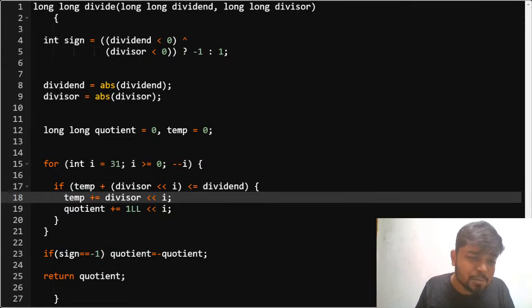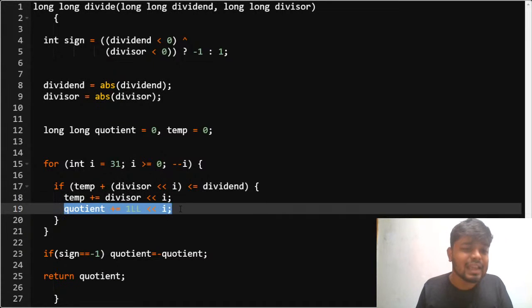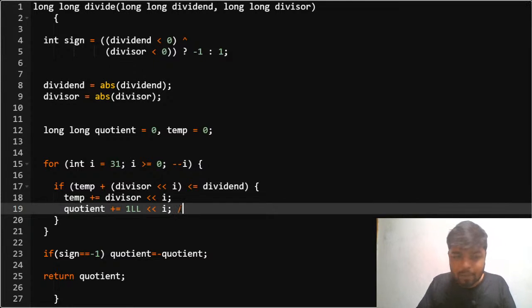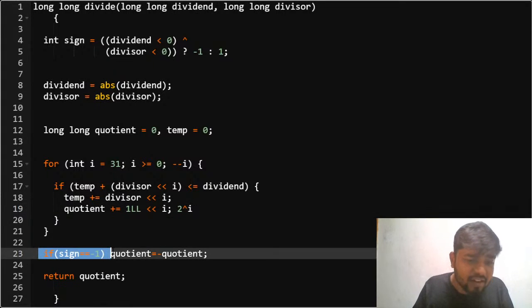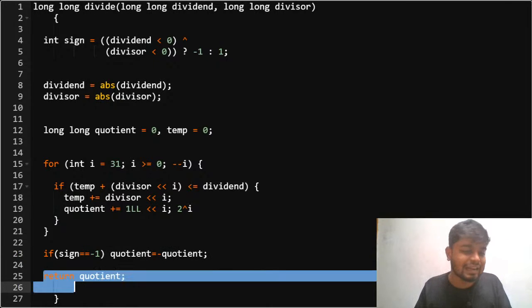At the same time, you keep adding to your quotient: each time you add 2 to the power I. And in the end, if the sign was negative, you make your quotient negative as well, and you return that, okay?